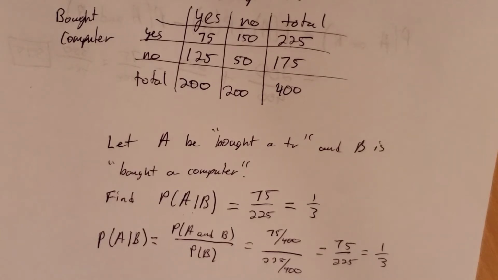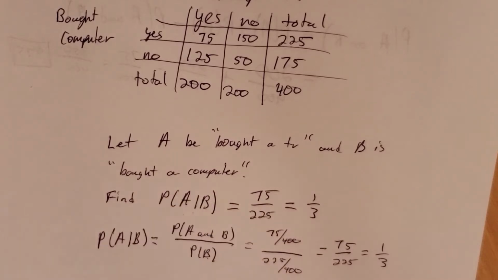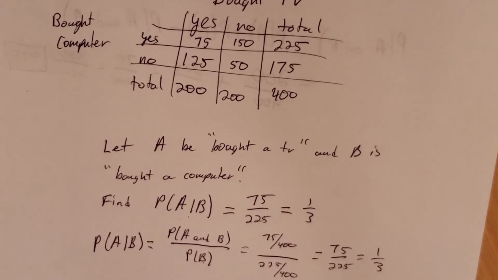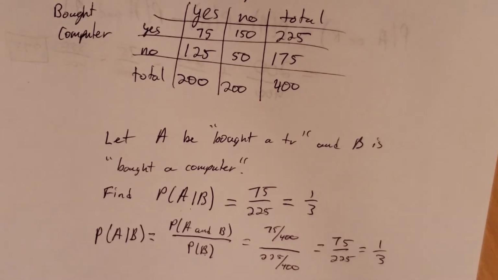So we see that this is in fact how we make this calculation of probability of A given some condition or event B.